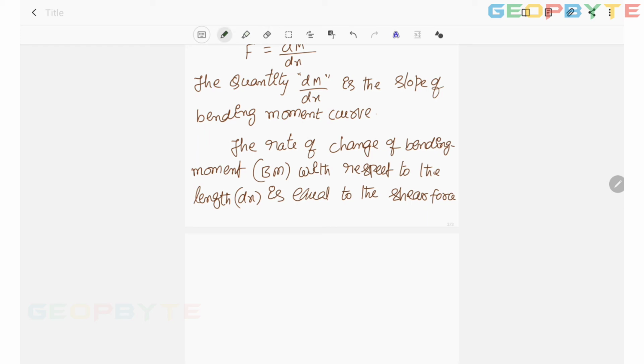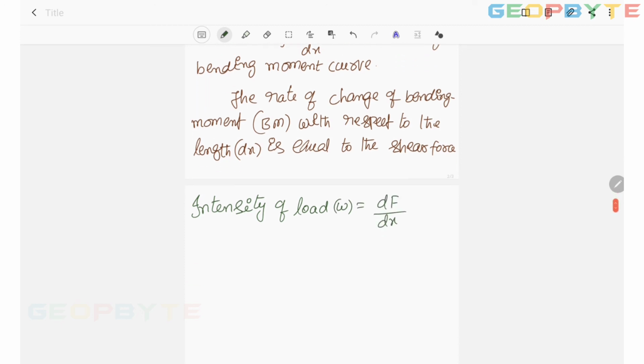Let me write clearly: intensity of load W equals the rate of change of shear force with respect to the length. Similarly, the shear force F equals the rate of change of bending moment with respect to length.